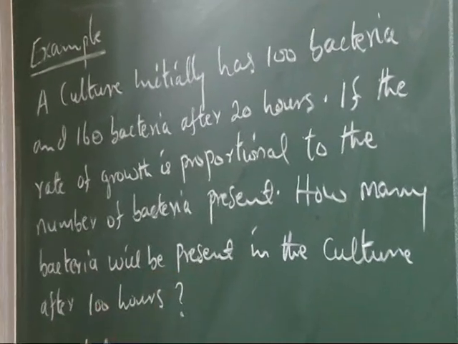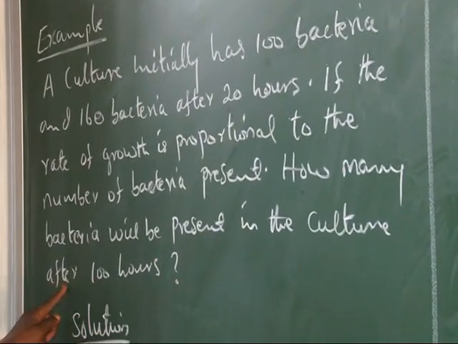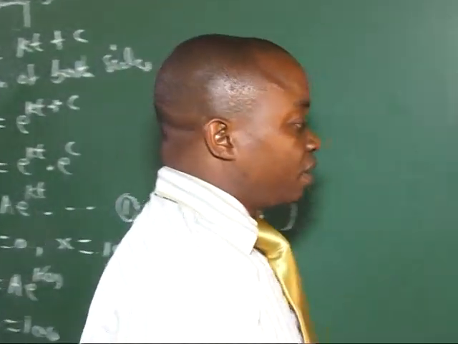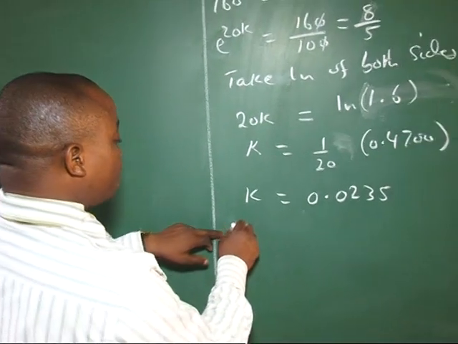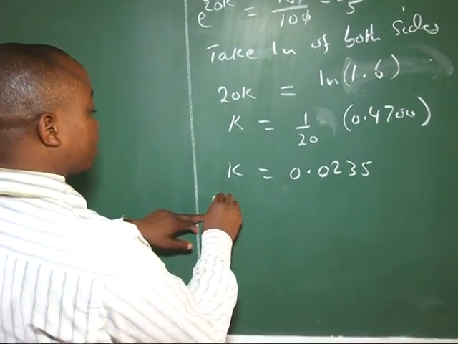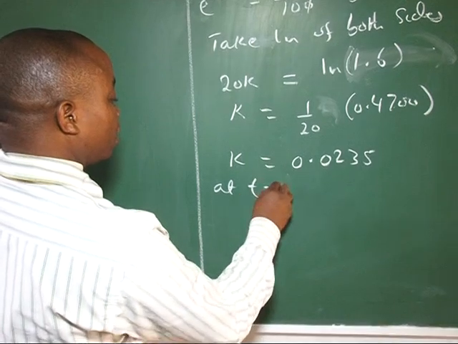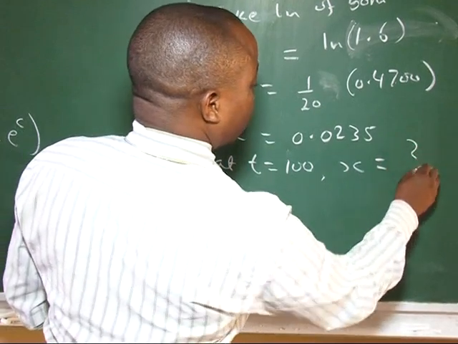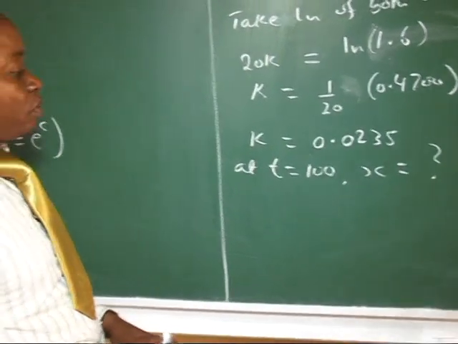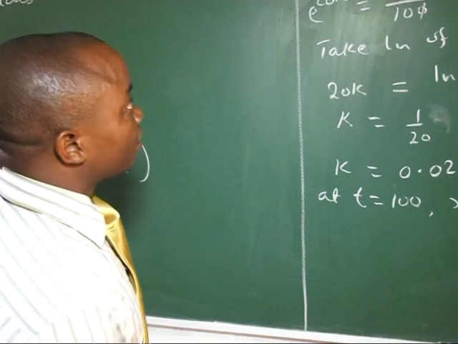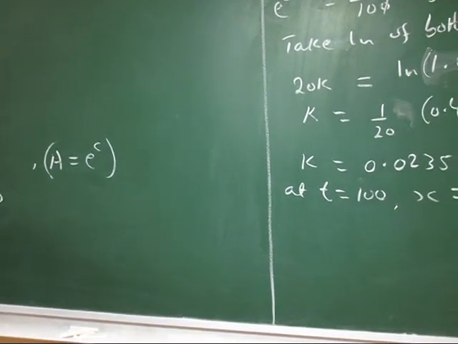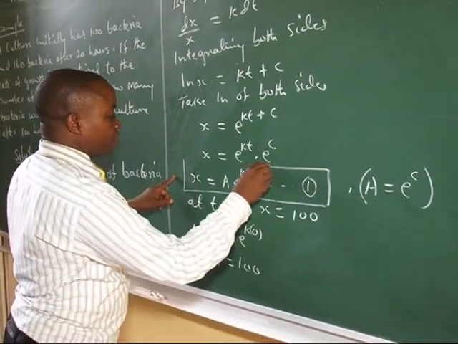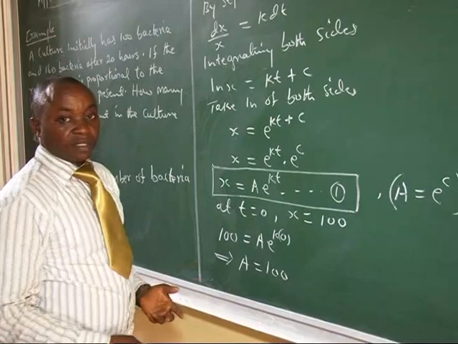The last part of the question was how many bacteria will be present in the culture after 100 hours. So what they want is, at t equals 100, what will be x. We'll go back to equation 1. I've told you that equation 1 is very, very useful. Maybe you derive it; it helps in solving the problem.